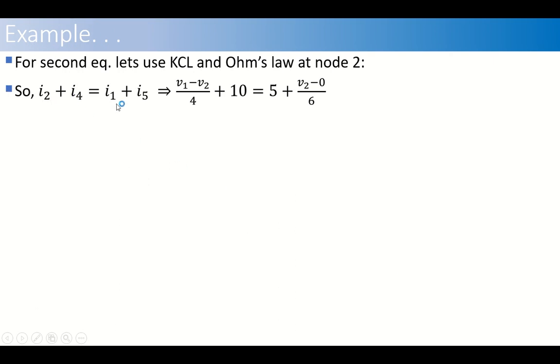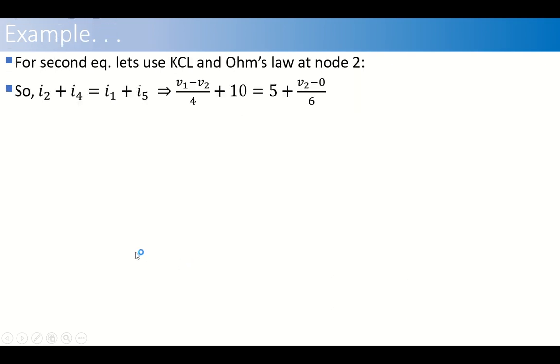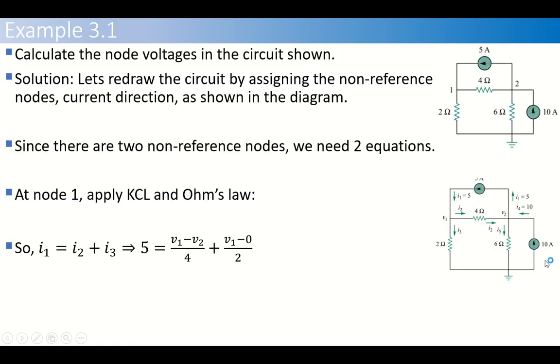So I2 plus I4 should be equal to I1 plus I5. I2 is the current in the 4 ohm resistance, and we already have the equation for I2: (V1 minus V2) divided by 4. Substituting that, plus I4, which is the current source of 10 amperes.